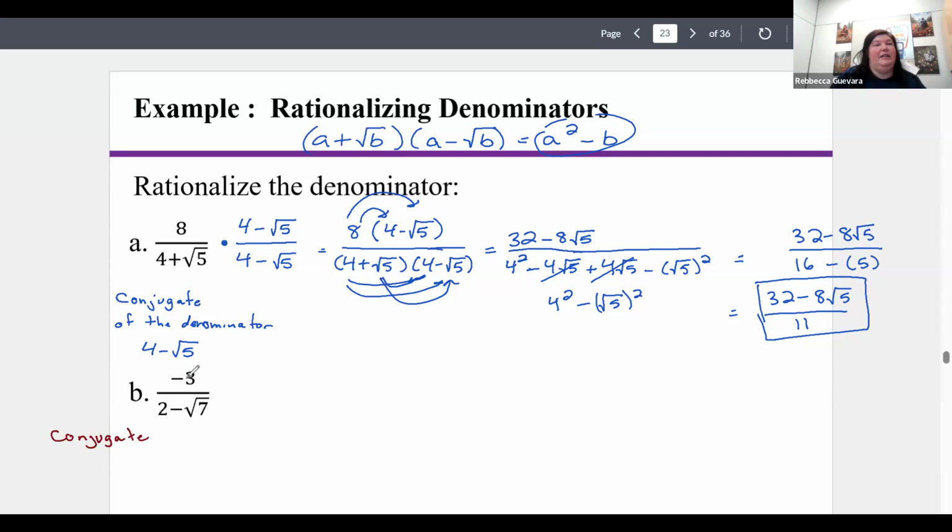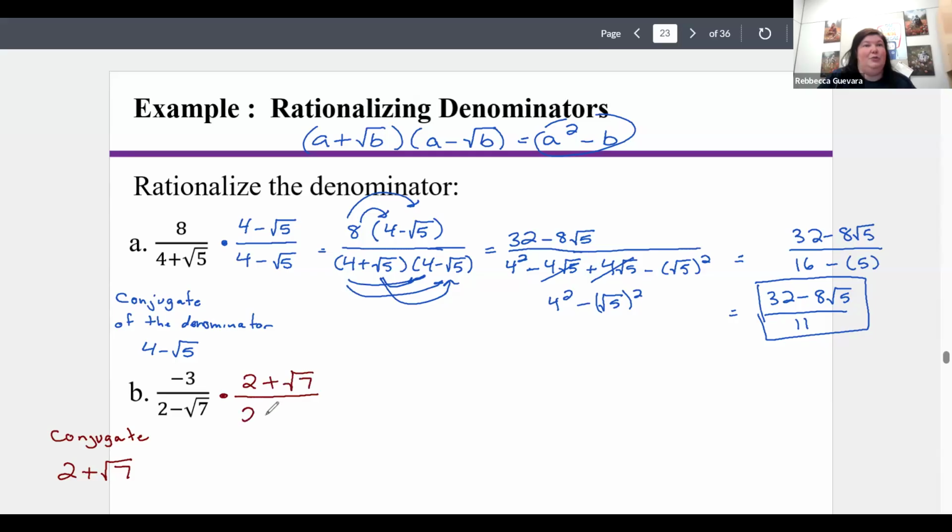All right, so for b, the conjugate for 2 minus square root of 7 is just 2 plus square root of 7. So this time, I'm not going to do this whole step here. But what I need to do is multiply the top and bottom by the conjugate. So multiply the top by 2 plus square root of 7, and the bottom by 2 plus square root of 7.